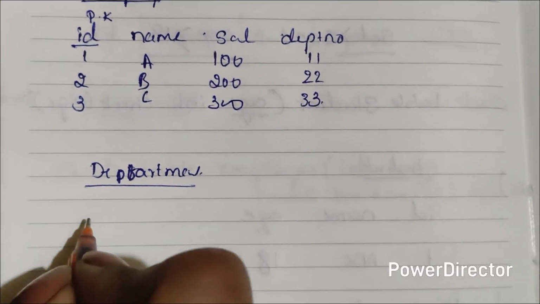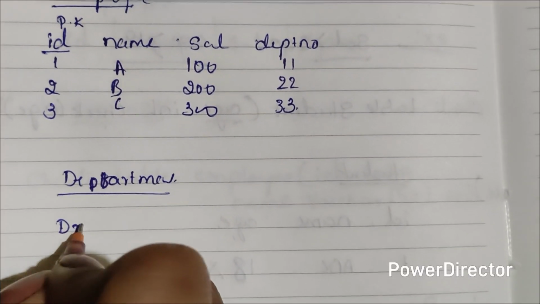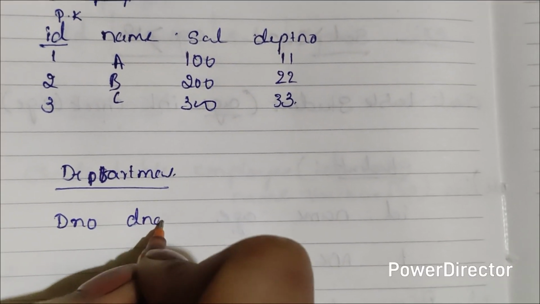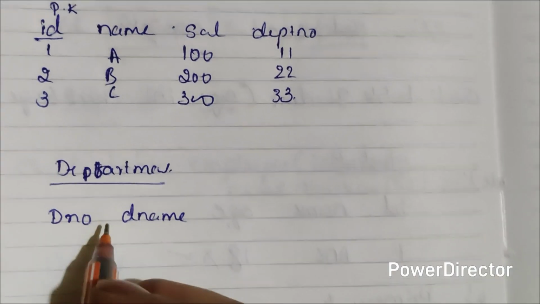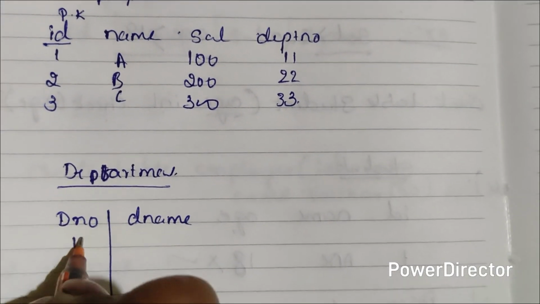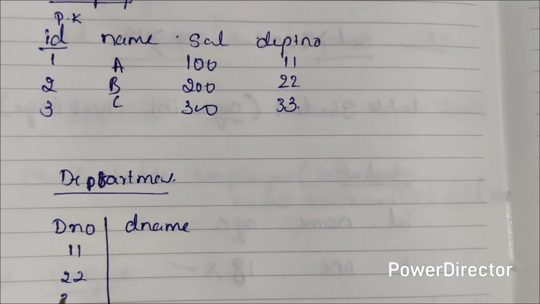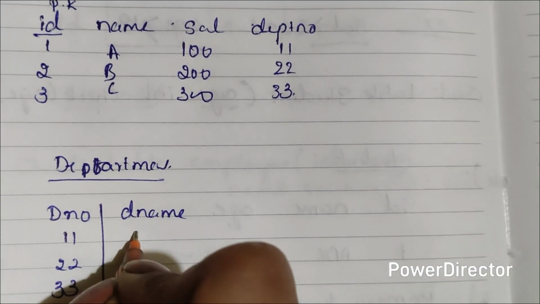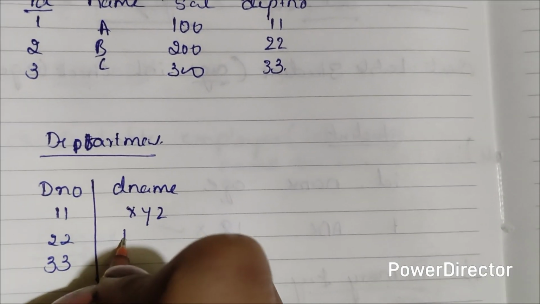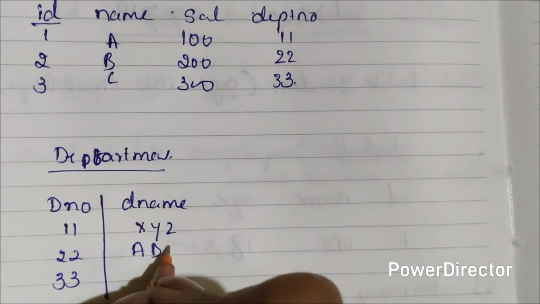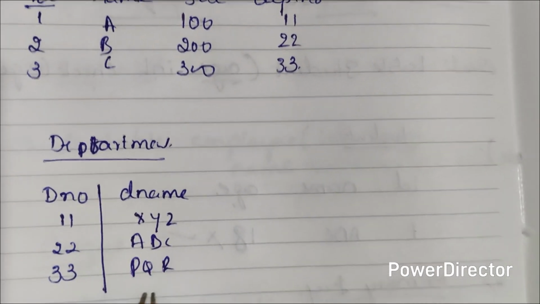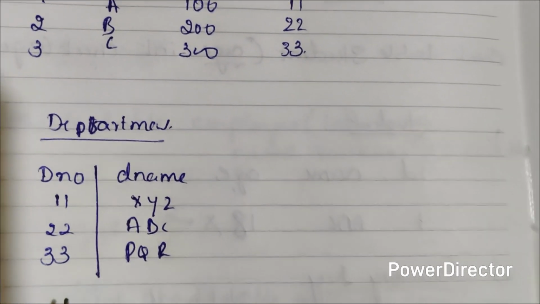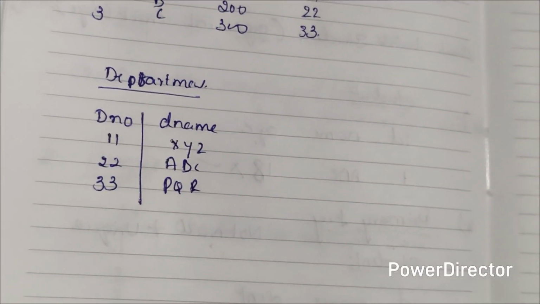This department table will have department number and department name as two attributes. So I will write 11, 22, 33 and department name is XYZ, ABC and PQR. Assume these are the names I have given to these numbers.